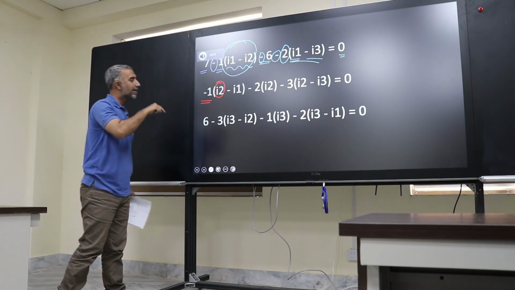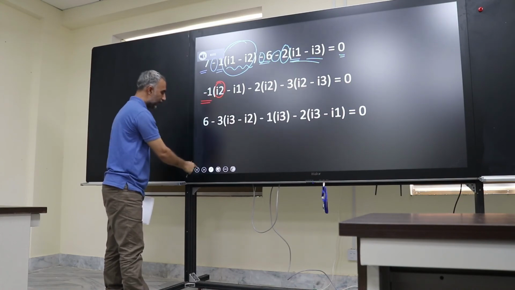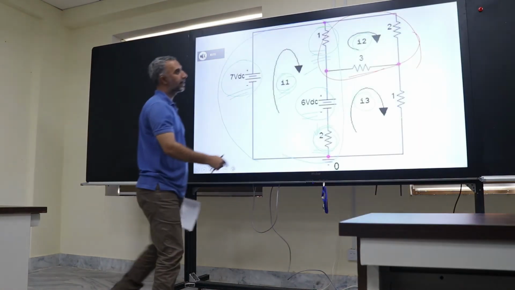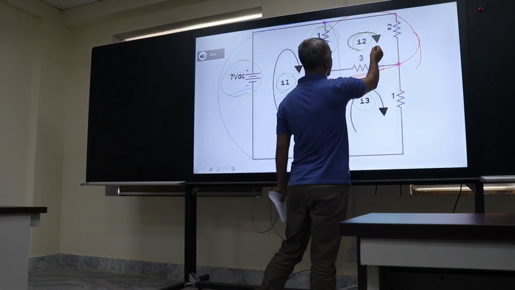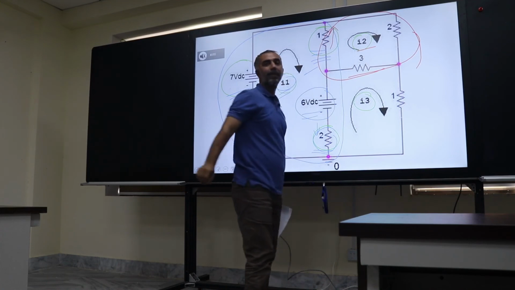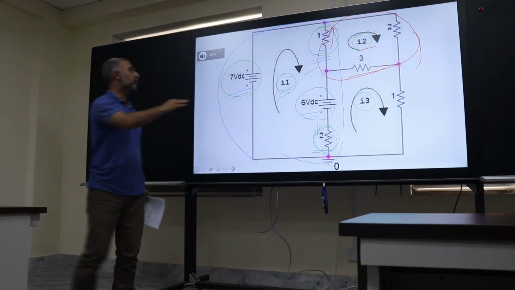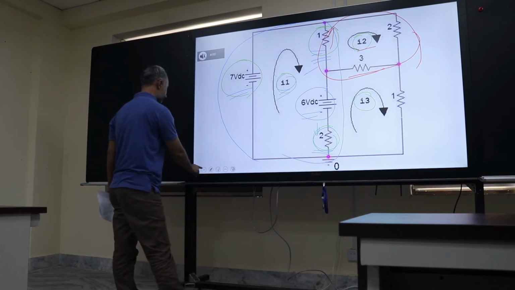Why? Because the current I2 in this loop is entering at this point, and leaving here. So I1 from this loop is subtracted away.